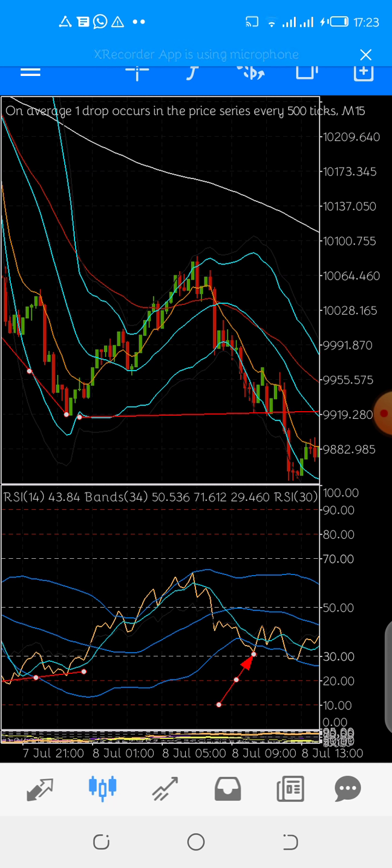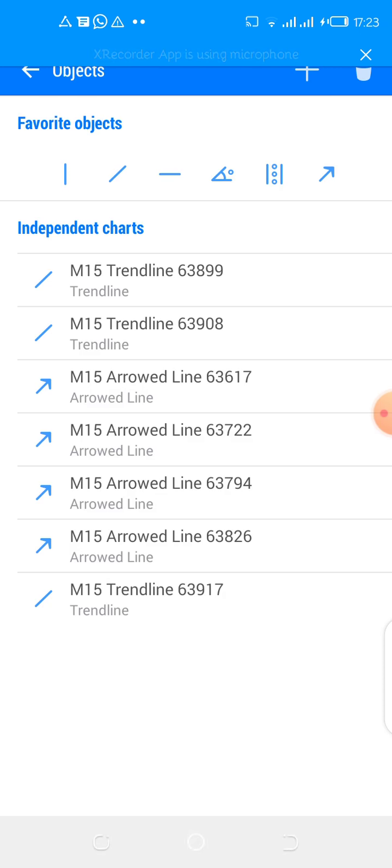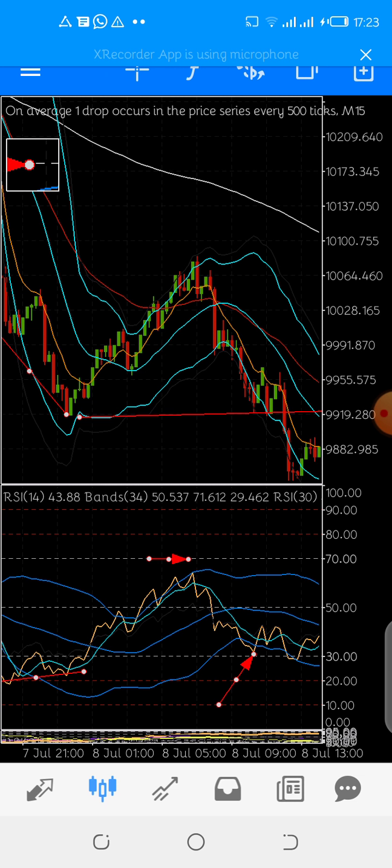When the market is starting to go back into the Bollinger Band, you place your trade here and you exit your trade here.